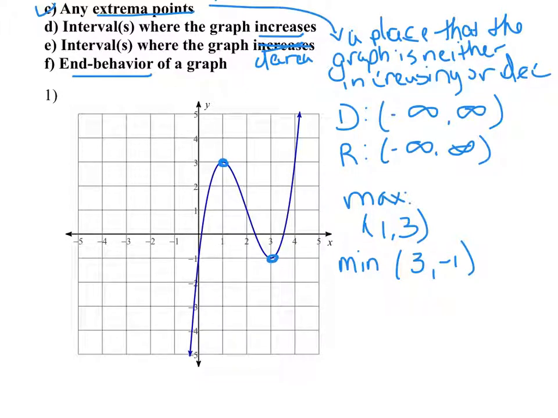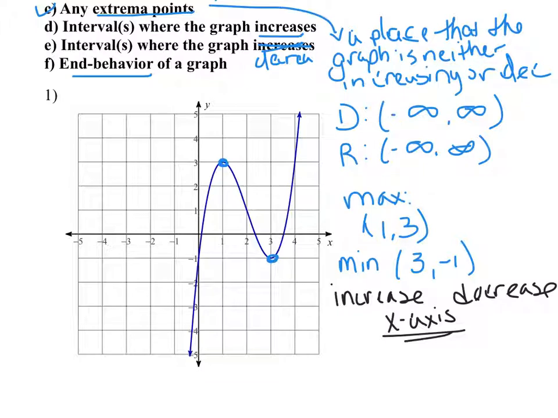When you're doing intervals where the graph increases or decreases, we always want the value from the x-axis. Increasing is picturing yourself going from left to right, always going this way, and you're driving a car.